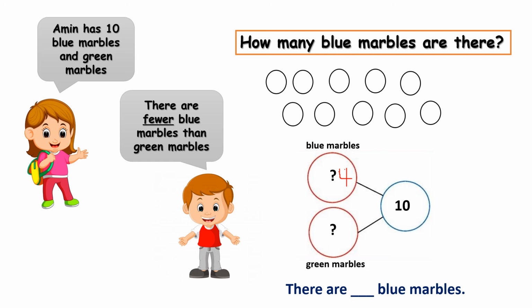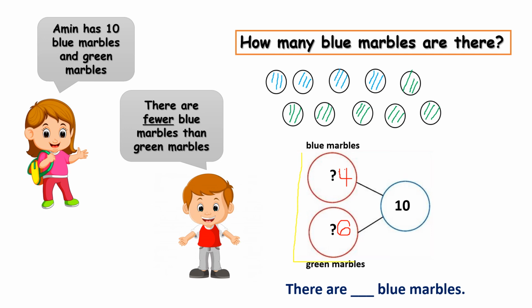If there are 4 blue marbles, how many green marbles will there be? 1, 2, 3, 4, 5, 6. So there are 6 green marbles.